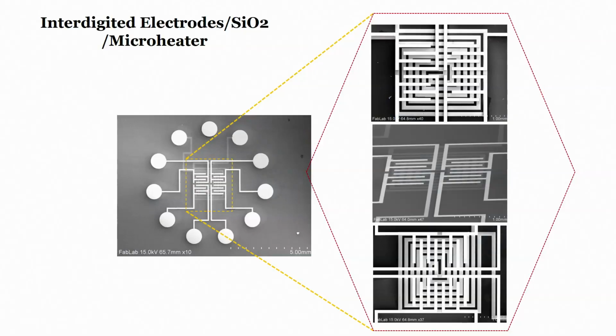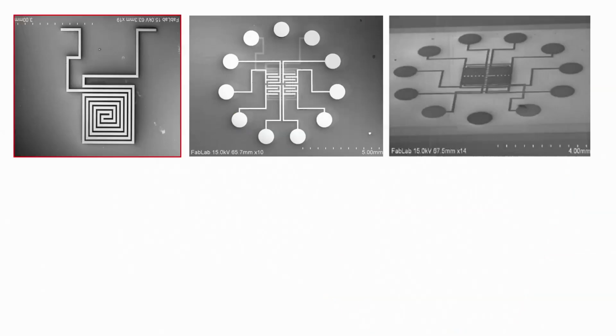If you see the screen, what we discussed last time was interdigitated electrodes over an insulator, and below the insulator there is a micro heater. So, until now we have seen how we can design a process flow for fabricating a micro heater. Then we have seen how we can pattern interdigitated electrodes on an insulator.